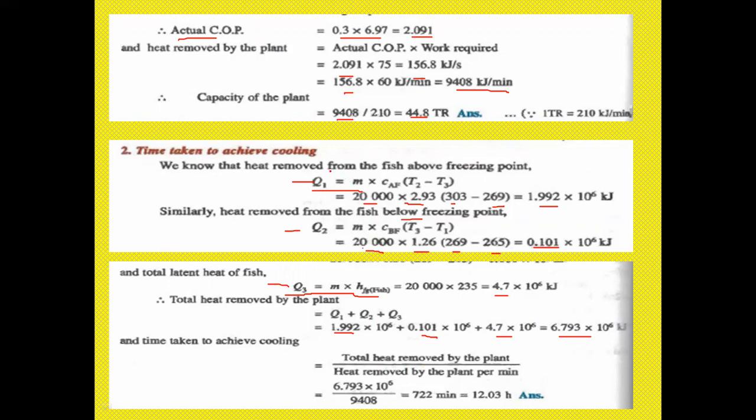The heat removed per minute, the capacity, is this one, 9408. Dividing this by this, you are getting 12.03. Understood? So this is a way of doing the problems for this Carnot cycle.